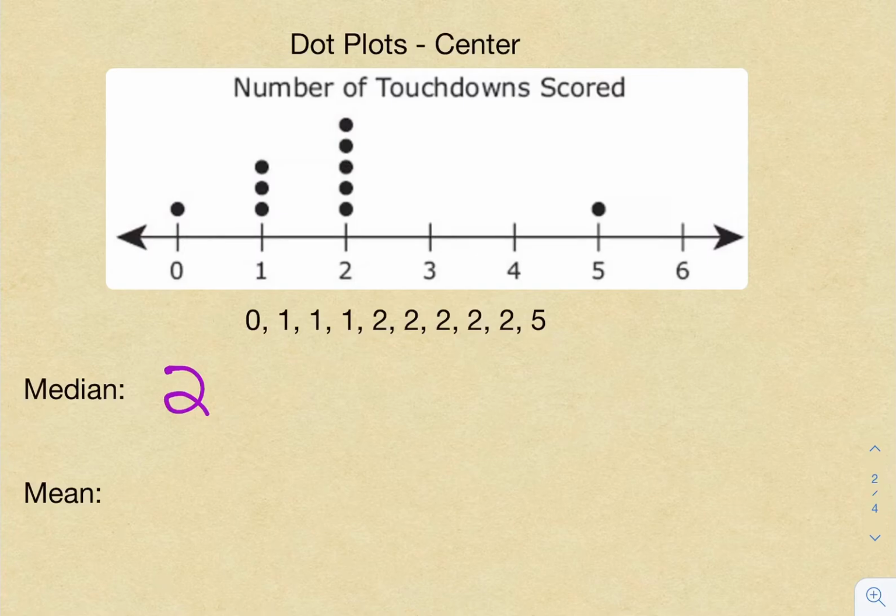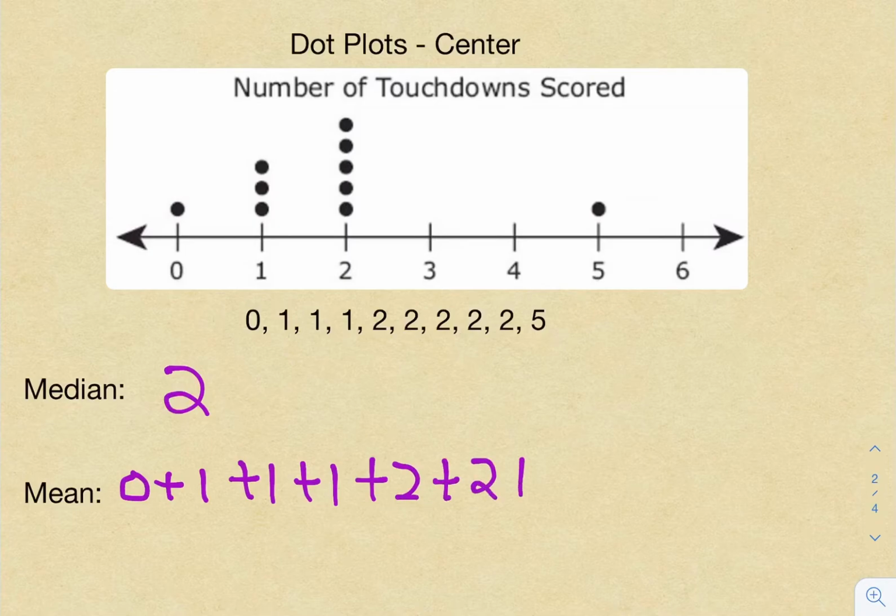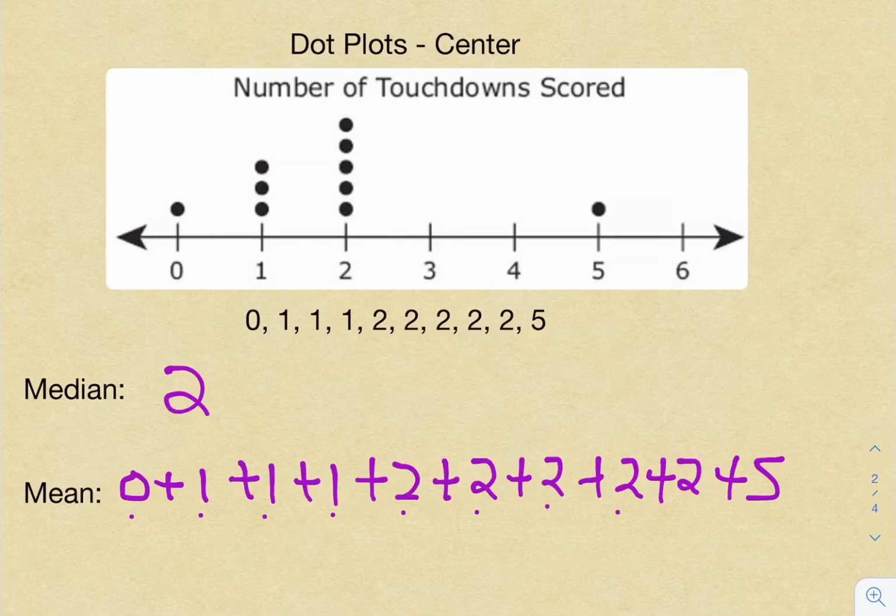Now, to calculate the mean, remember, we have to add up our data points. 0 plus 1 plus 1 plus 1 plus 2 plus 2 plus 2 plus 2 plus 2 plus 5. Let me make sure I have 10 data points. Excellent. The sum of these numbers is 18.